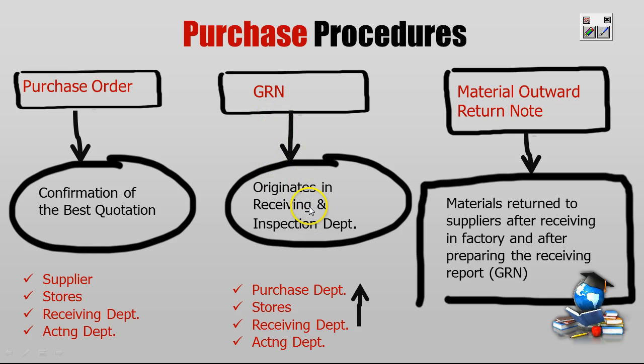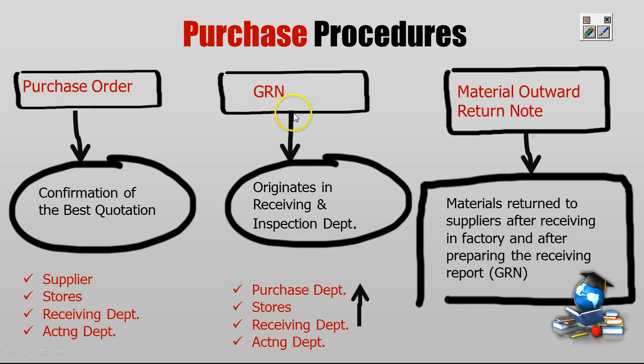So again there are 4 copies. That is why I have an arrow mark, just see from where it is going. It is going from the receiving department. The receiving department will issue the goods received note. One copy will go to the stores, one copy to the purchase department, and one copy to the accounting department.